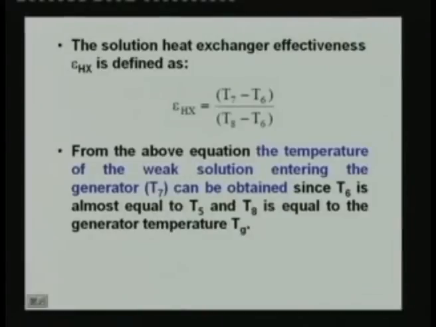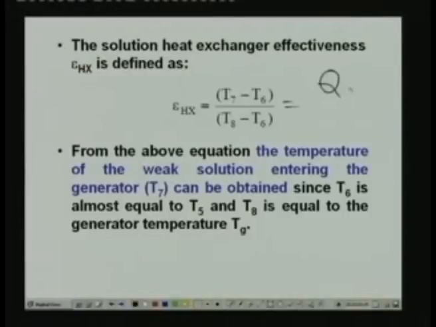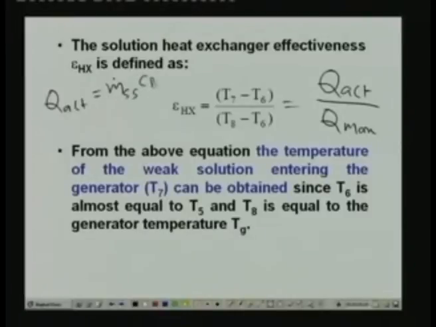We also require the solution heat exchanger effectiveness. If you remember from our discussion on heat transfer, heat exchanger effectiveness is defined as the actual heat transfer rate to the maximum possible heat transfer rate. The actual heat transfer rate, for example in terms of the strong solution, can be written as Q actual equals m dot SS into Cp of strong solution into delta T of strong solution.